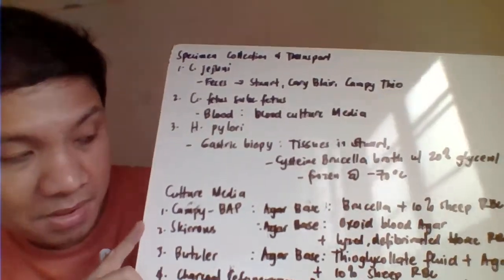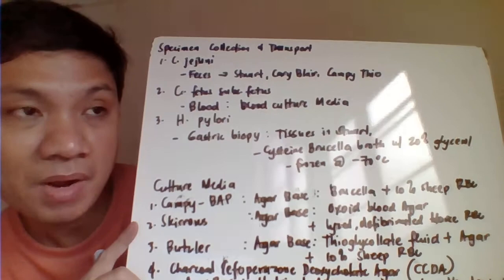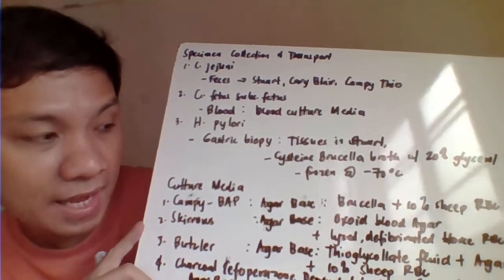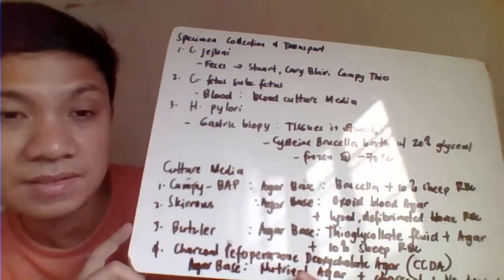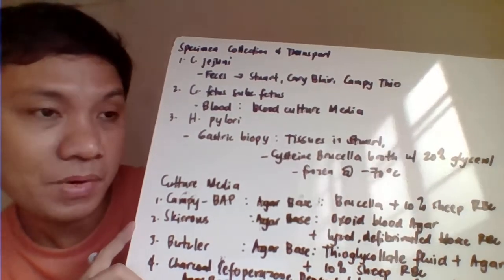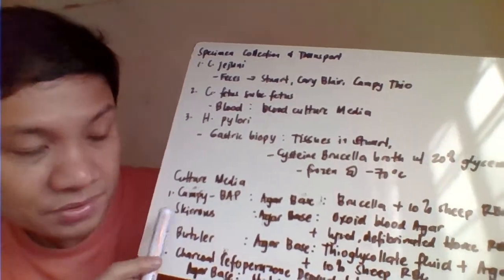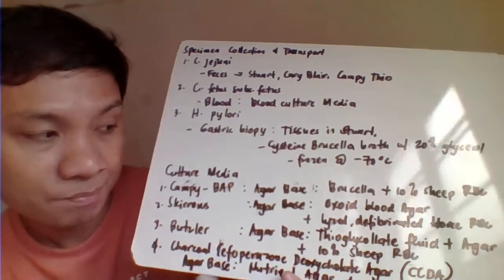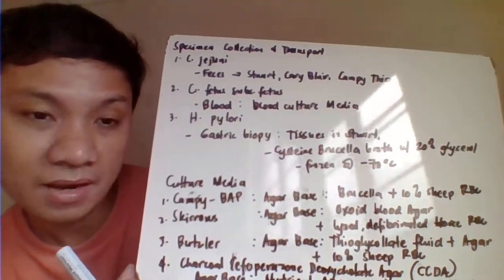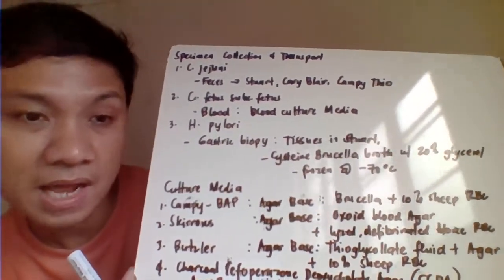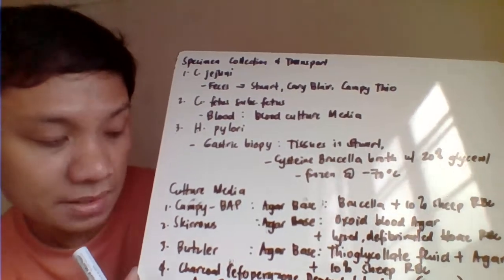Okay, we have here the different culture media. So you could have your Campy BAP, primarily made up of your Brucella agar as agar base, plus your 10% sheep RBC. Skirrow, on the other hand, is made up of your Oxoid blood agar base, and that one would have your lysed defibrinated horse red blood cells.